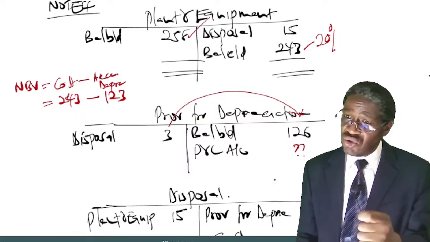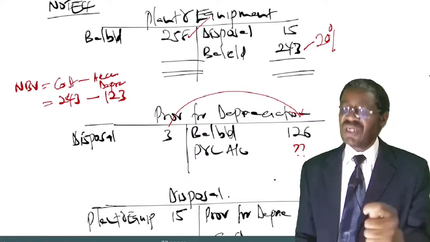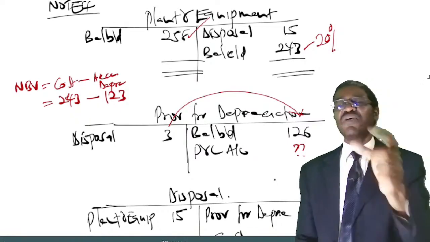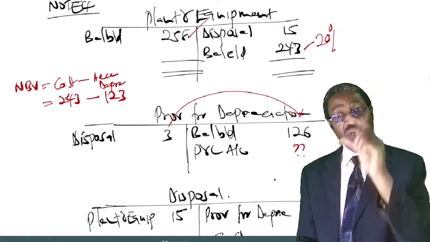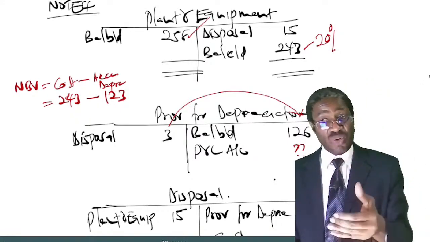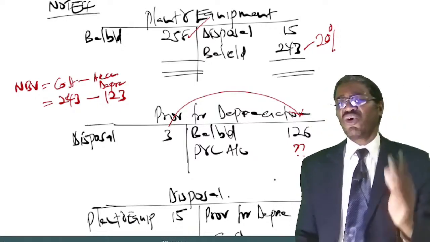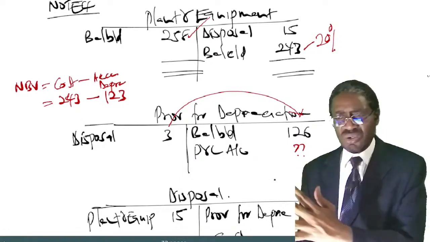So the first thing to do was to go to the asset account, get the balance carried down. That balance carried down represents the cost. Once you know the cost, go back to the question and ask yourself, what's our policy of depreciation? Are we using straight line method? Are we using reducing balance method?